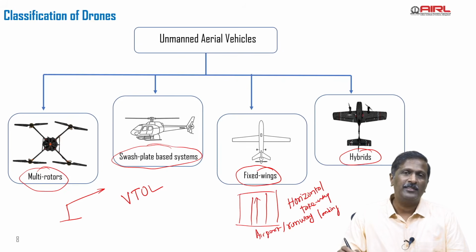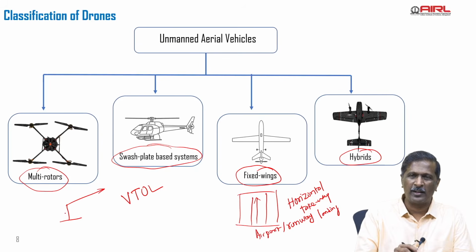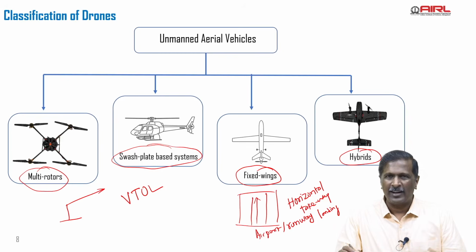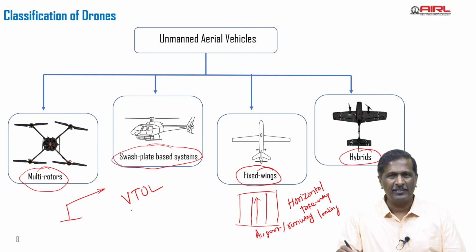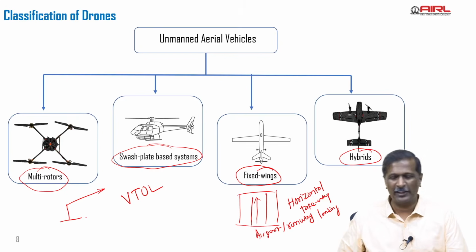Hybrid systems have the advantage of fixed wing aircraft, because fixed wing aircraft can operate at high speed, whereas with drones or helicopters, operation speed is limited. And the advantage of multirotors is that they can take off vertically and land vertically. So hybrid will have the advantage of both fixed wing as well as multirotor systems.